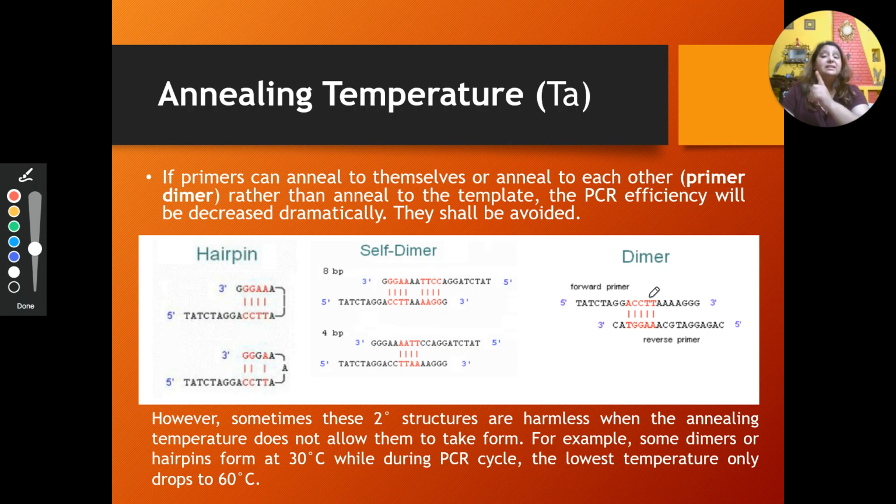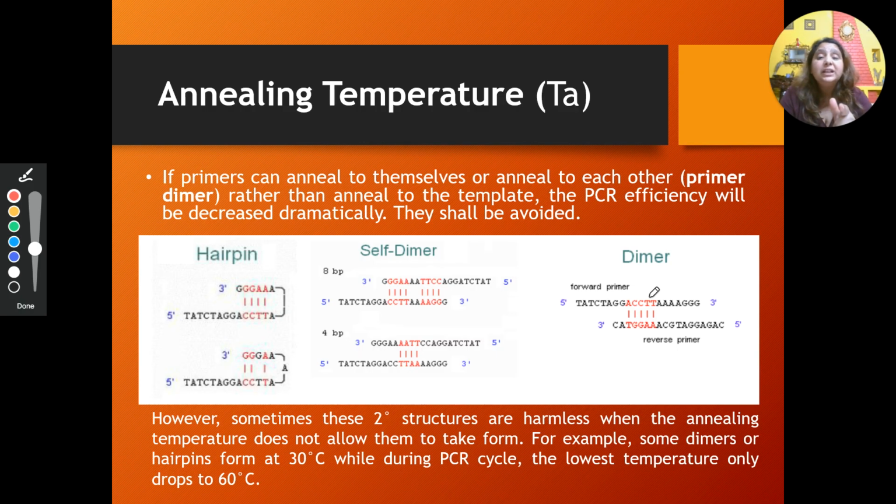But if these secondary structures do not get broken up at high temperature and are stable even at 50 degrees Celsius or 45 degrees Celsius, then there is a problem. That means the primer is not suitable for that PCR reaction and it will not give you the desired products. So therefore, we have to be very careful when we are designing the primers. Okay, and annealing temperature therefore becomes very important.